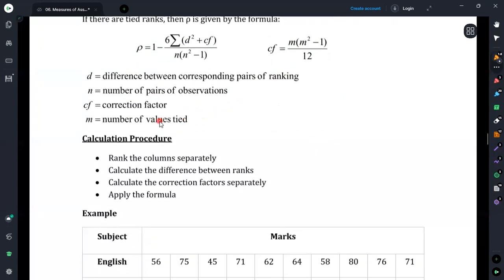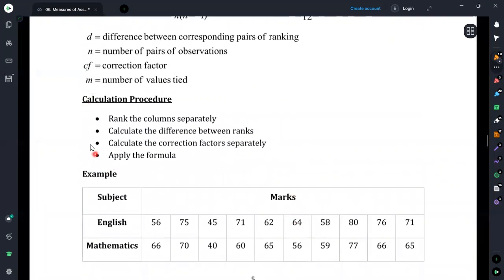Now, about the calculation procedure: as the first thing, we have to rank the columns separately, whether in ascending or descending order, and thereafter calculate the difference between the rankings, and then calculate the correction factors separately. Then we apply the formula. In the previous one, we ranked the columns separately, calculated the difference between the ranks, and applied the formula.